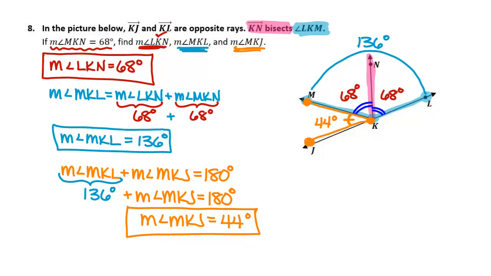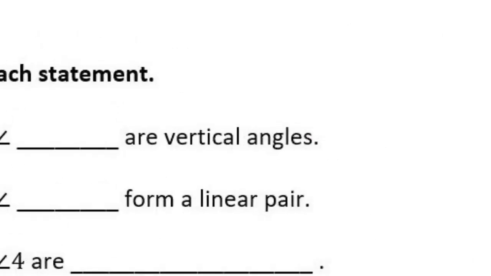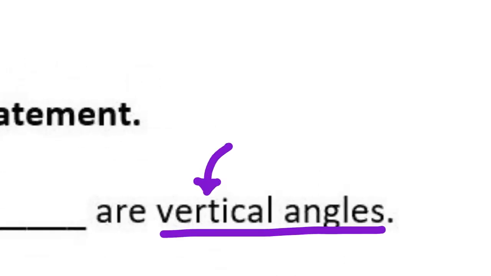Let's flip it over to page 7. Complete each statement. Angle 1 and angle blank are vertical angles. So yesterday when we were talking about vertical angles, I told you I like to think of these as opposite angles.